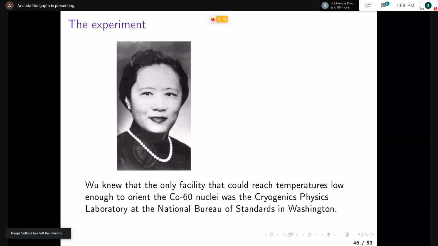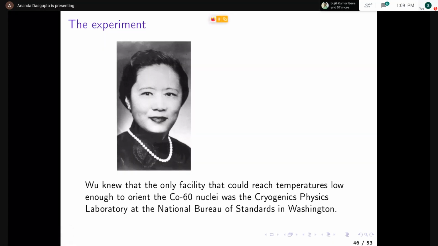Because one thing, you need to align all the cobalt-60 nuclei in the same direction using very strong magnetic fields, because these nuclei are like tiny magnets. So if you put a very strong magnetic field, they will all align in the same direction. But of course, what prevents them from aligning is temperature. If you have thermal agitation, they will just randomize. So you need to go to very, very low temperatures for this to be done. Today, this is a sort of routine experiment in many modern labs.